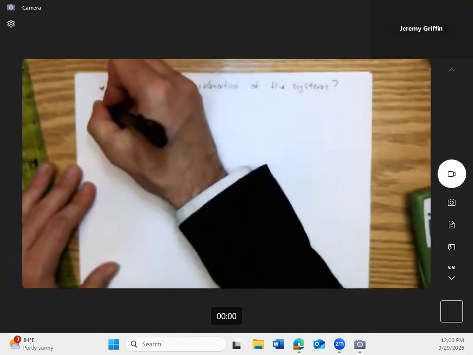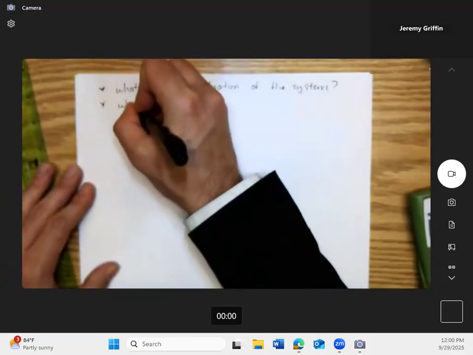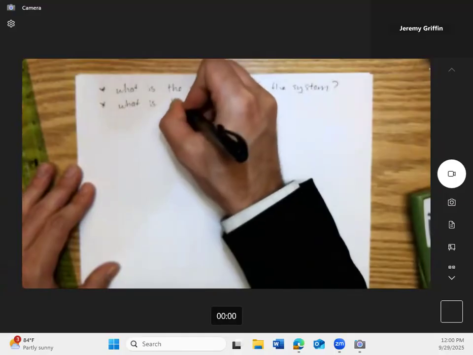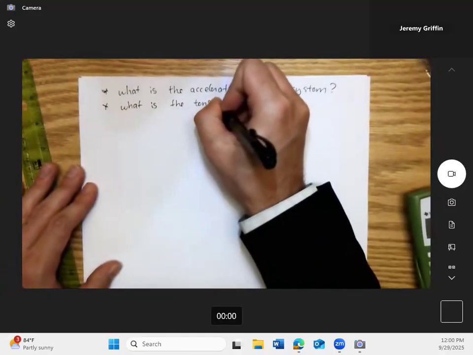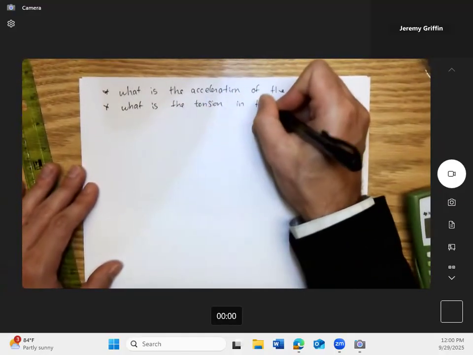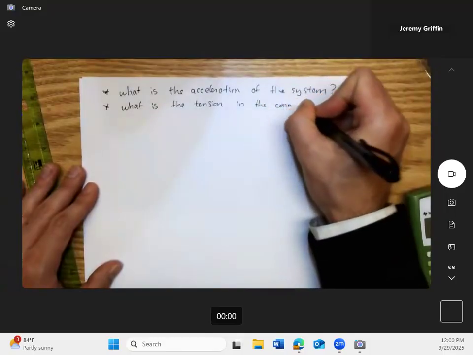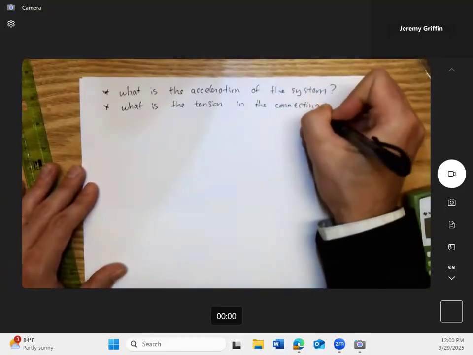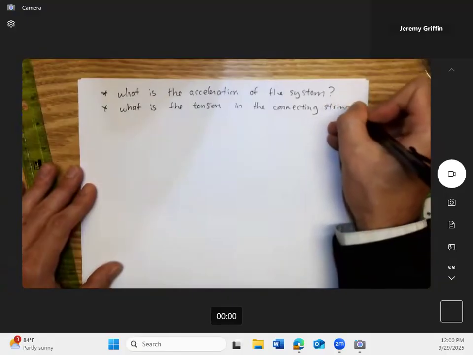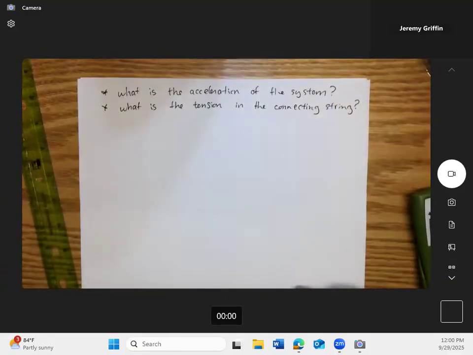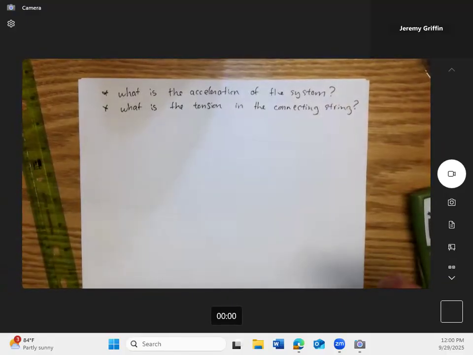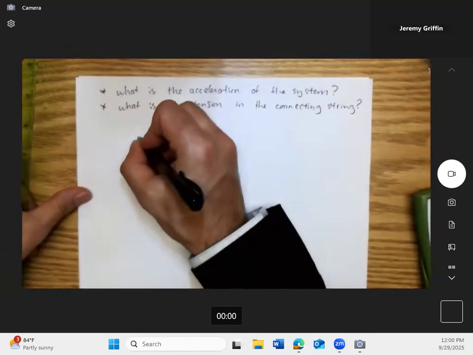Or something like that. And also a good follow-up question is, what is the tension in the connecting string? Or rope, whatever, right? Where the string or the rope itself has negligible mass compared to the 2 weights, right?